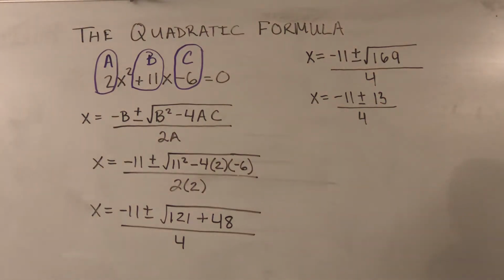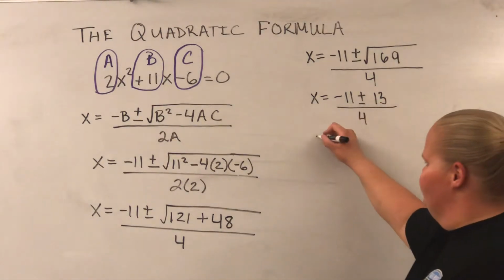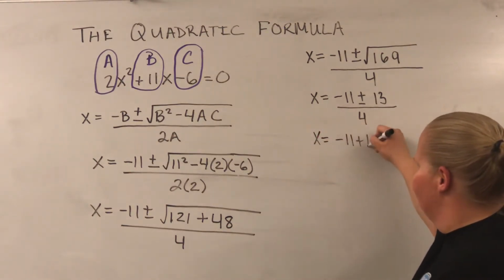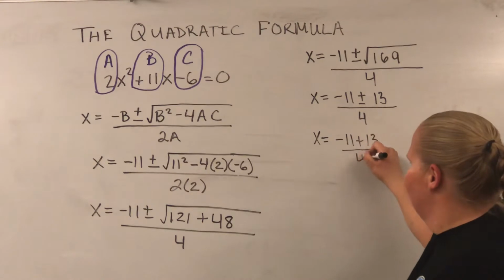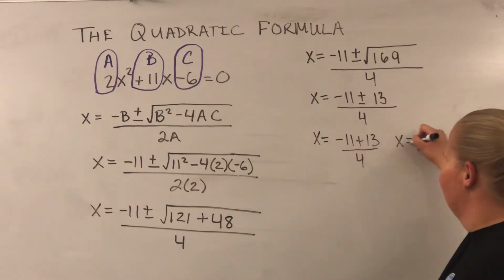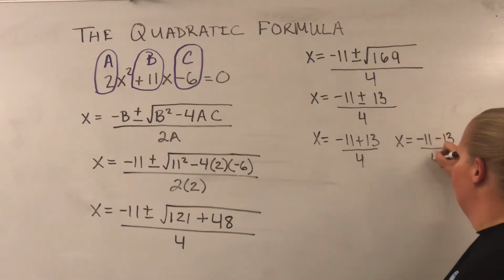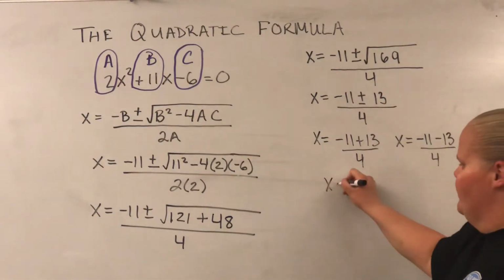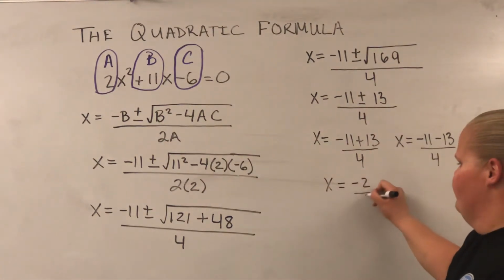So far we have x equals negative 11 plus 13 over 4 and x equals negative 11 minus 13 over 4. Negative 11 plus 13 is going to be negative 2 over 4.